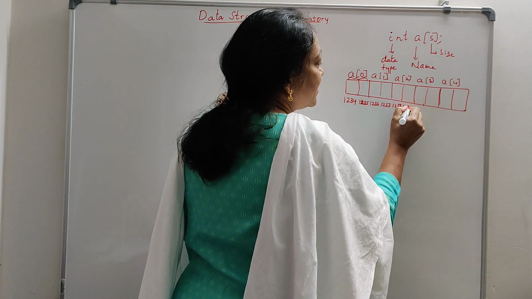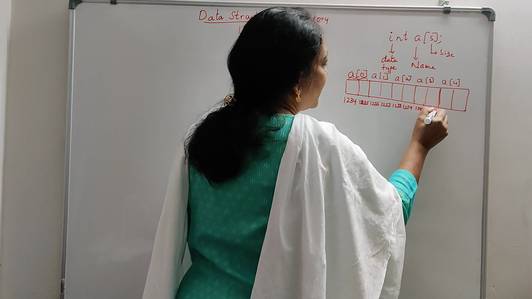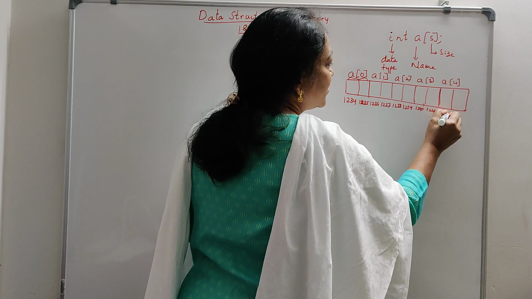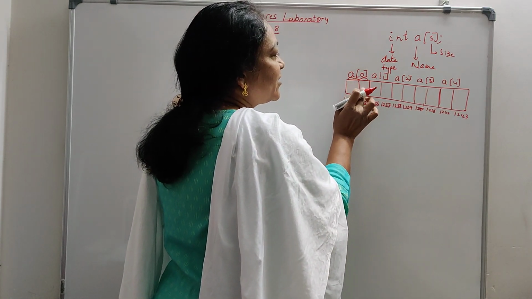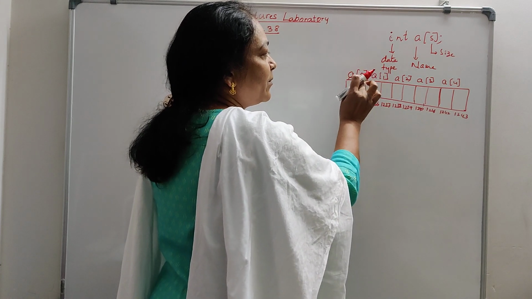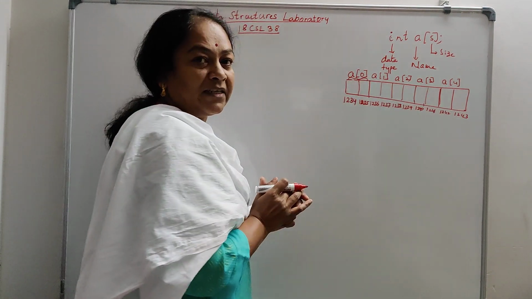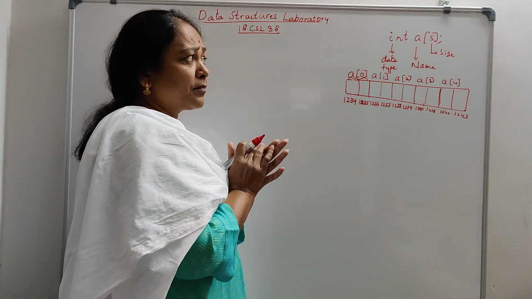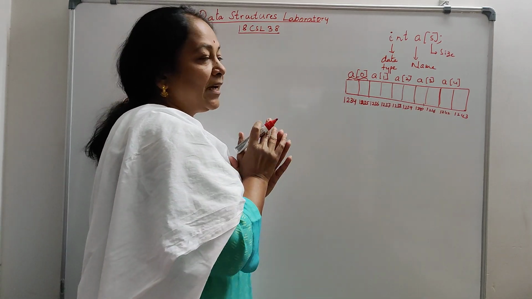Here this is 1239, 1240, 1241, 1242, and 1243. These first 2 bytes will be occupied by the first element, denoted by A[0], and so on. So this is the way the computer allocates memory for the array.